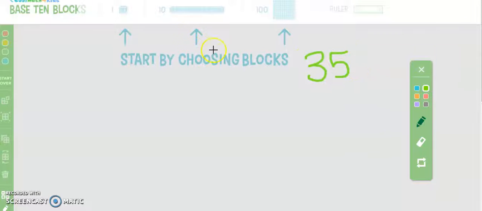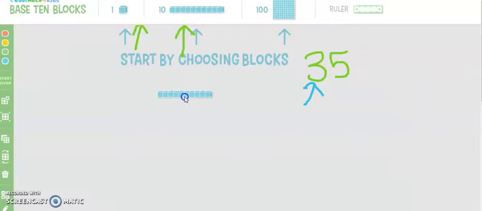So here we see that the 10 block, how many 10 blocks are we going to need? That's right, we have 30, so we're going to need 3 of those 10 blocks.